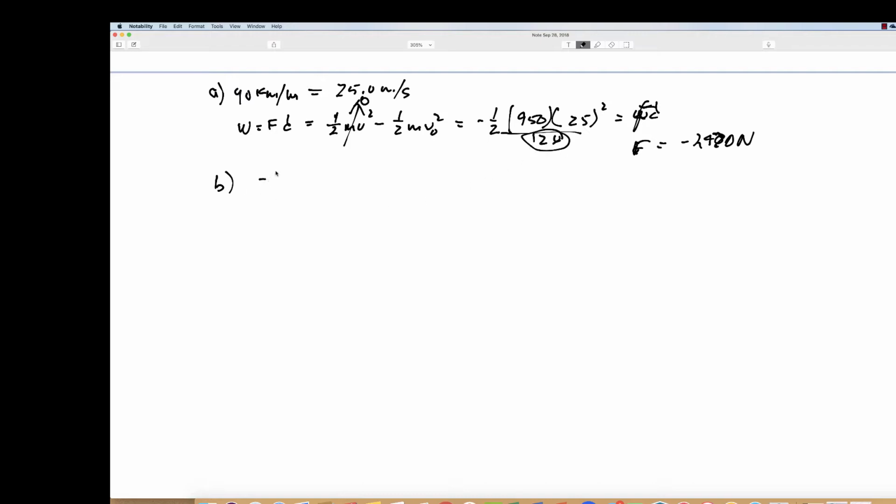So we have minus 1/2 times 950 times 25 squared, now divided by 2 instead of divided by 120. If you do that calculation, you get minus 1.48 times 10 to the fifth newtons.